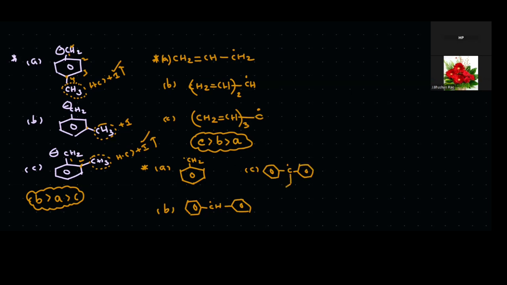It is tertiary, total three phenyl rings. Here two, here one phenyl ring. So in these phenyl ring conditions, which one is the more stable carbon free radical? So now we will discuss this case. Here one hydrogen atom, here one hydrogen.